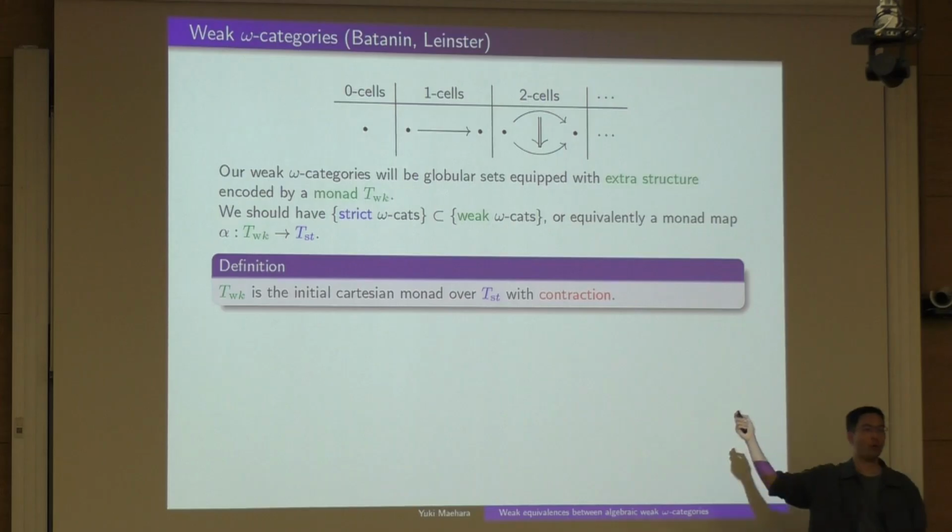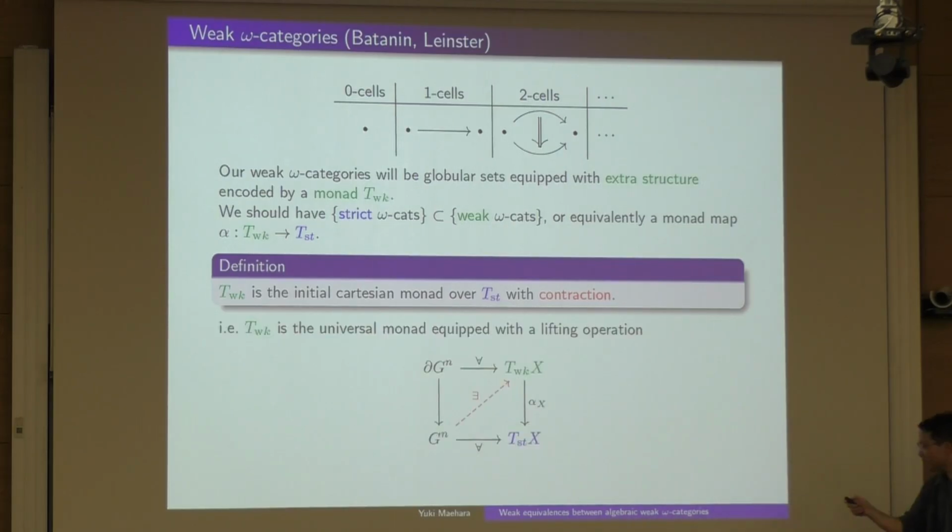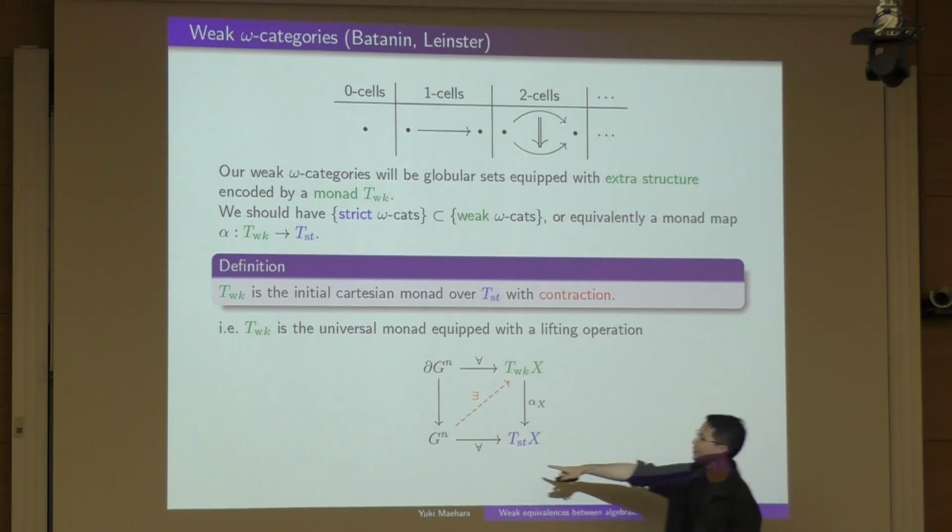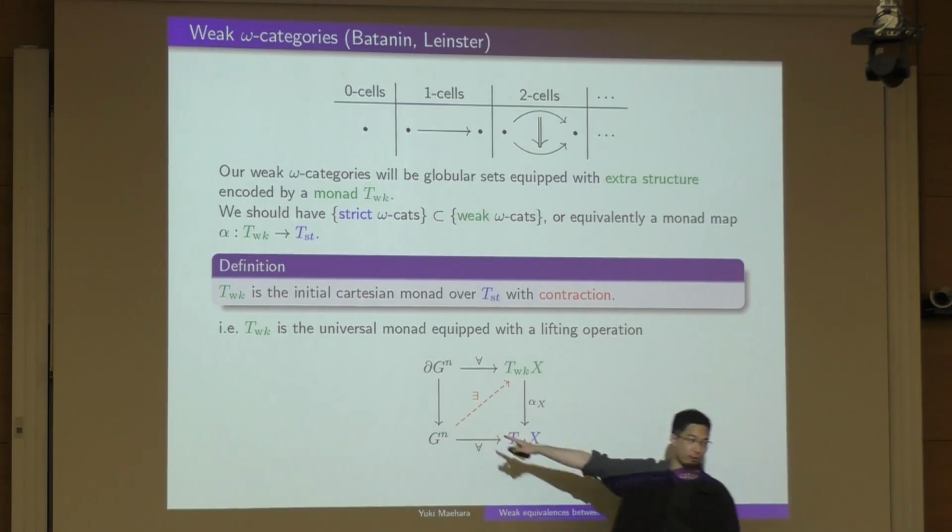That's some words, but what this means is that T weak is the universal monad equipped with this sort of lifting operation. Here, this is the n-globe, so this is the representable globular set.